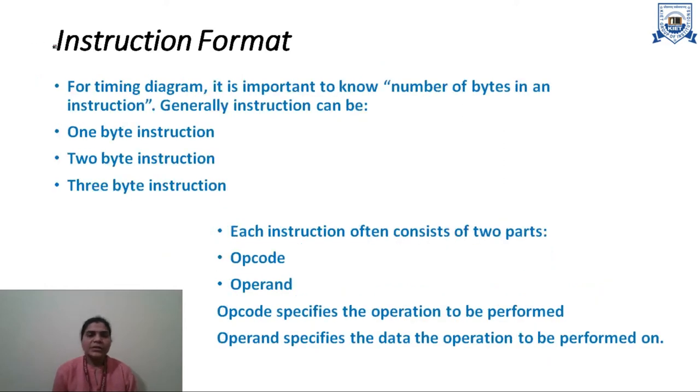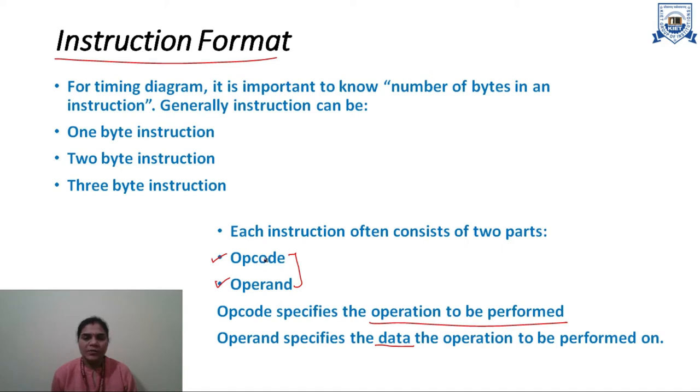Now what is instruction format? Instruction format has two important parts: opcode and operand. Opcode specifies the operation to be performed, and operand specifies the data on which the operation will be performed. So commonly each instruction has two parts, opcode and operand.